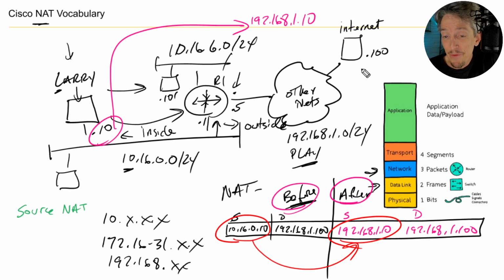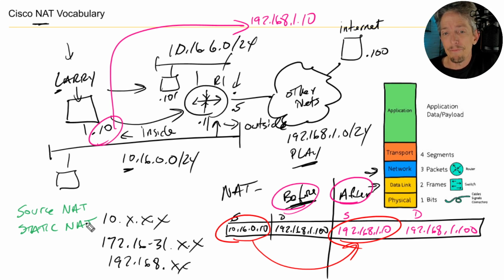Also, if we create a static translation where we say, Larry, your IP address is always going to map to this one-to-one, that's also an example of what's called static NAT, because we are hard coding it. There's no ifs, ands, or buts. That's the rule.